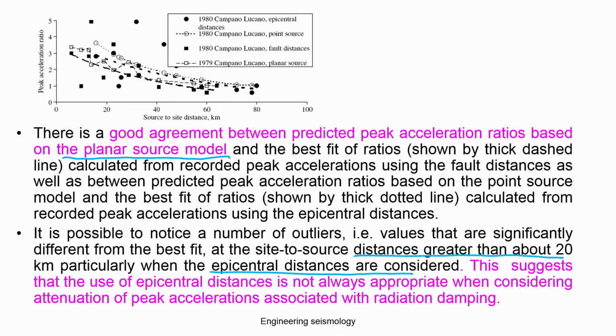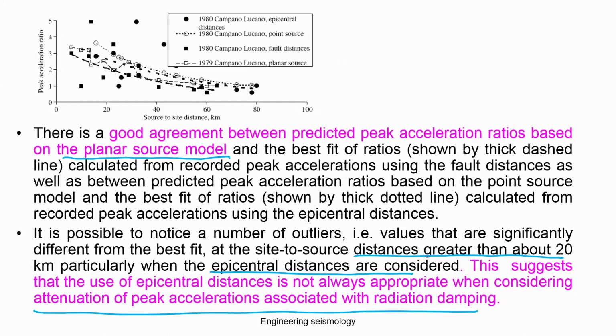So this suggests that the use of epicentral distance is not always appropriate when considering the attenuation of peak ground acceleration. That means you should not use epicentral distance to represent this. The hypocentral distance is more logically good.